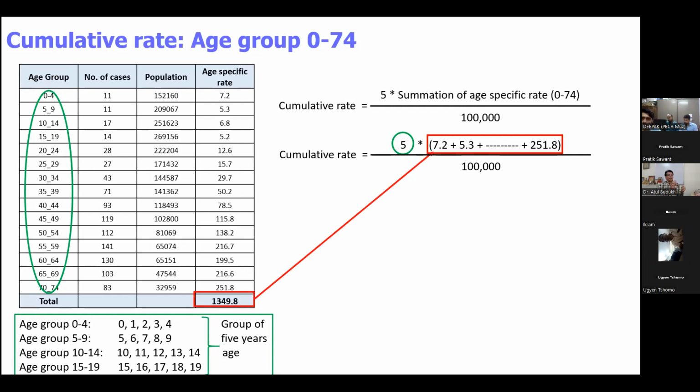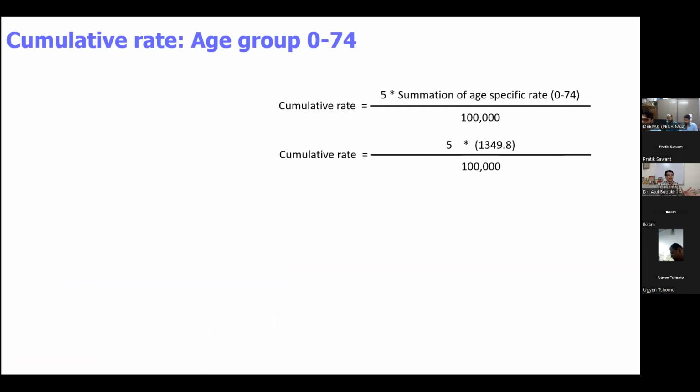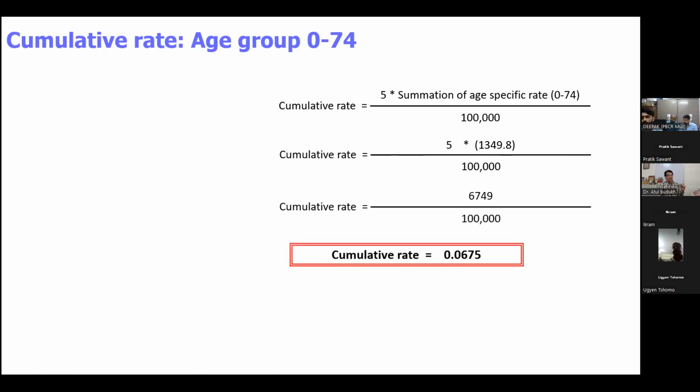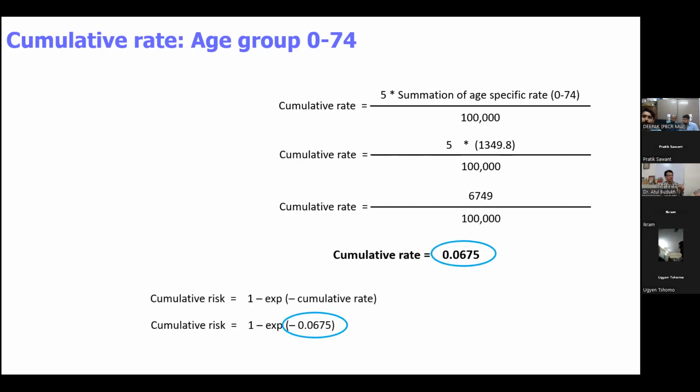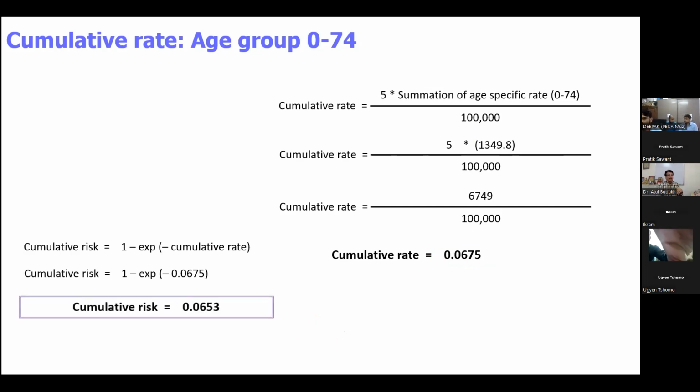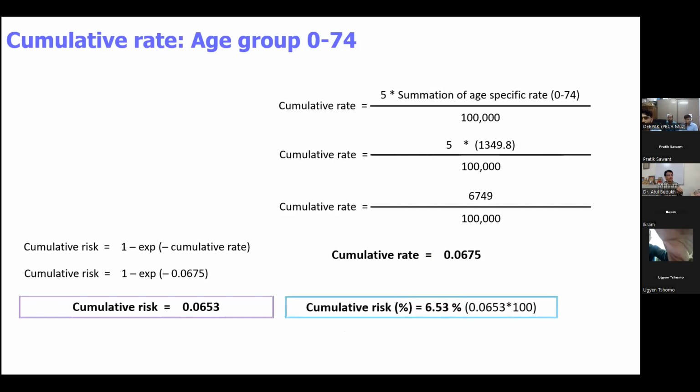It's 5, just simple mathematics. 5 into 1349.8 gives 6749, which is the cumulative rate. Then you apply the exponential to the cumulative rate, and it comes as 0.0653, and the percentage is 6.53. So 100 by 6.53 will come as 15.31. So you calculate the risk as 1 in 15, or you say the risk is 6.53%.